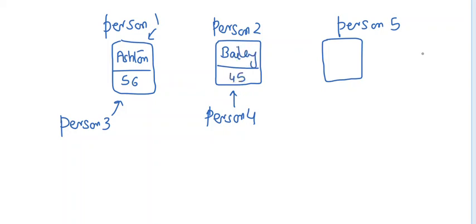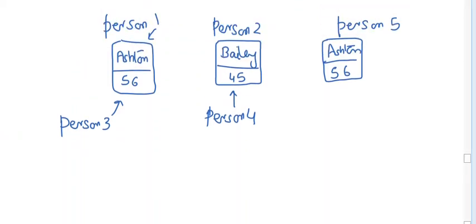Now although we created person 5 in a different location, what we did was we copied the values of person 1 into person 5. Now person 5 and person 1 are similar, but they are at different memory locations.